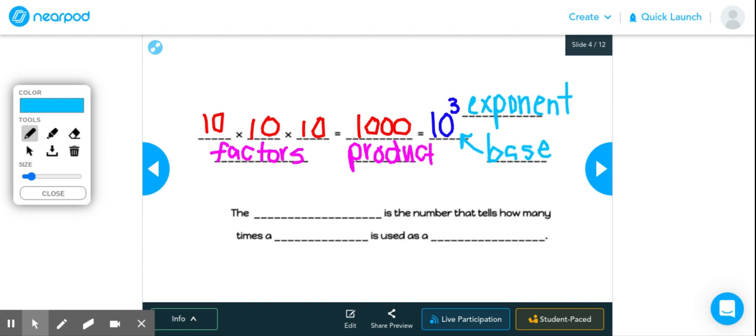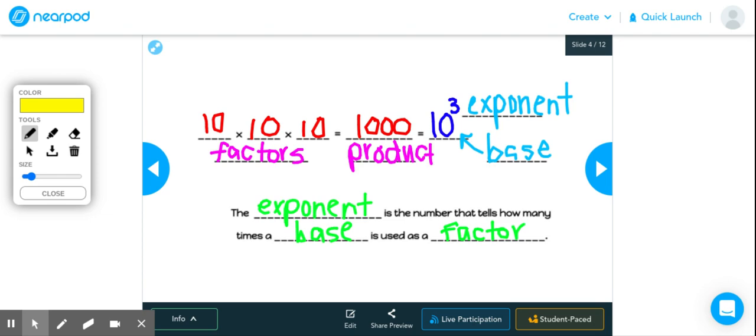And that's what this final statement at the bottom says. It says the exponent is the number that tells how many times a base is used as a factor, meaning how many times are we repeatedly going to multiply that number.